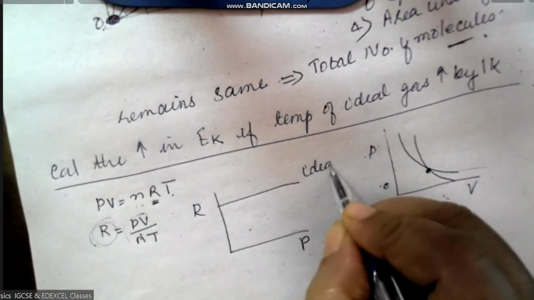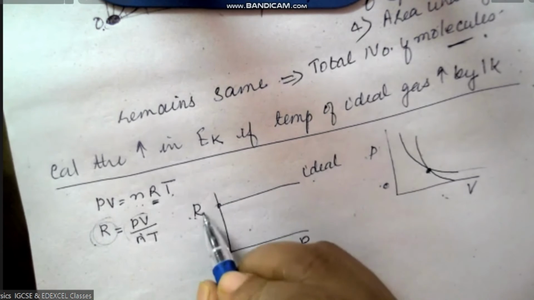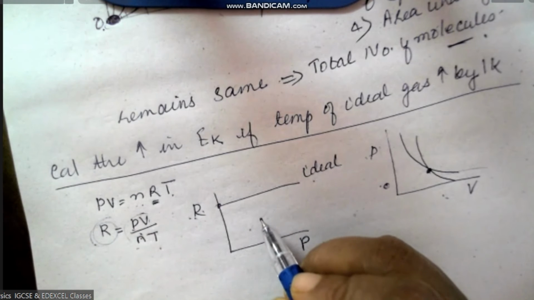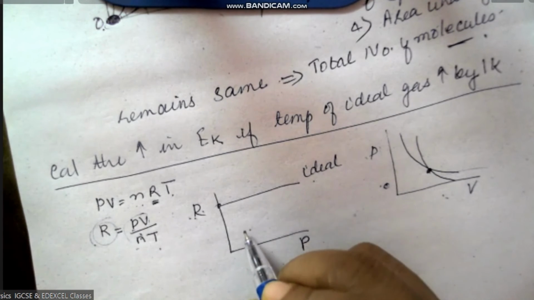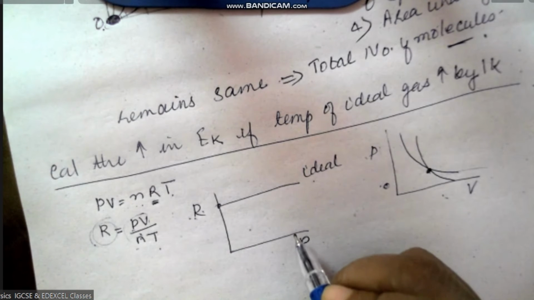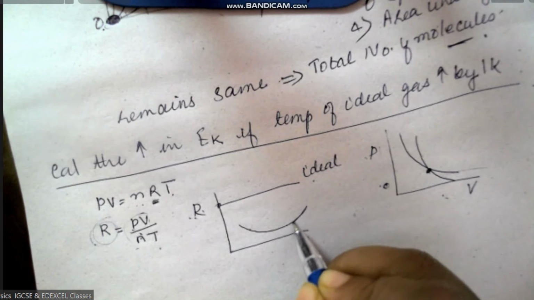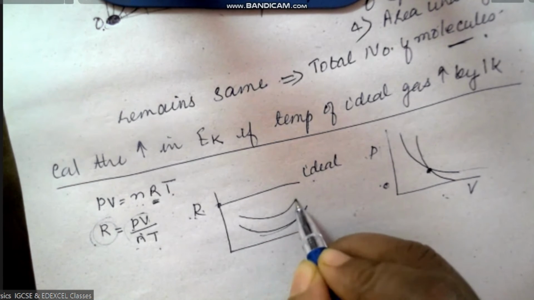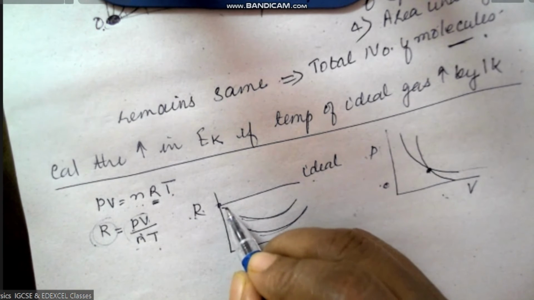So this is the graph for an ideal gas. Ideal gases have this universal constant R, which is PV by nT. Now, for real gases, as the temperature decreases, this is the real gas at low temperature. If you increase the temperature, it will be something like this.